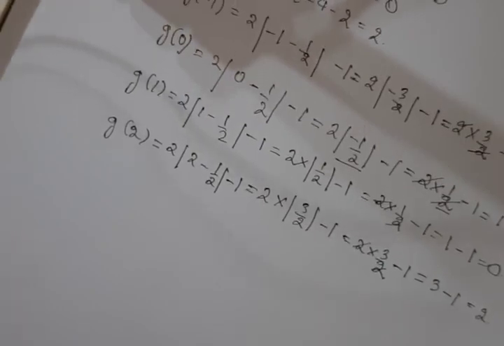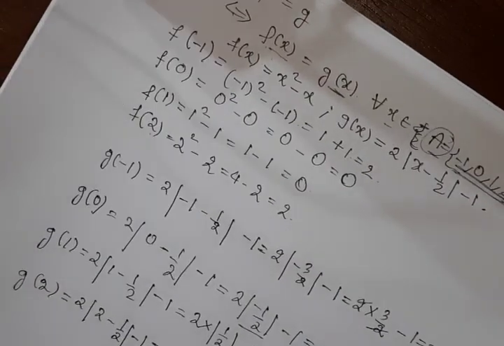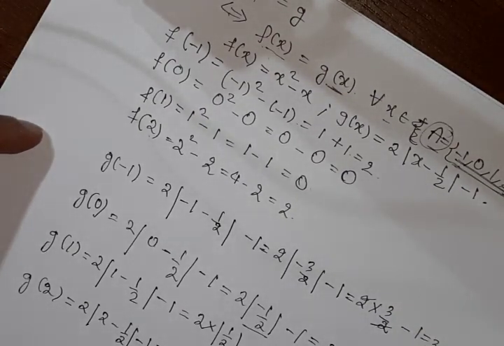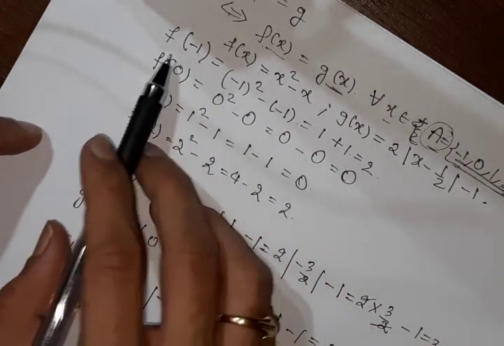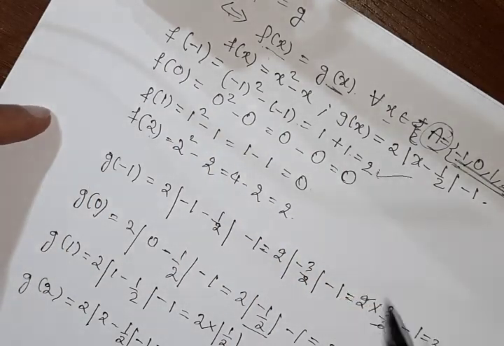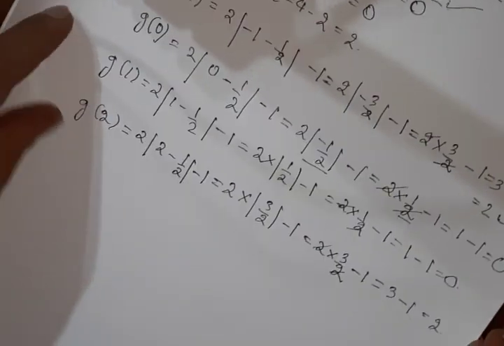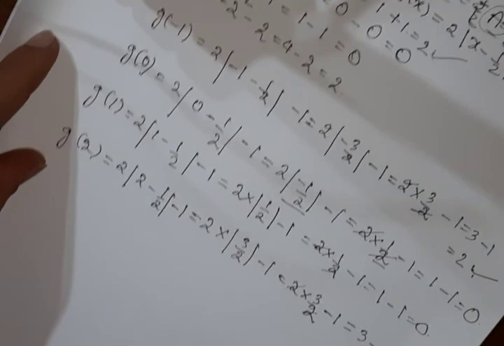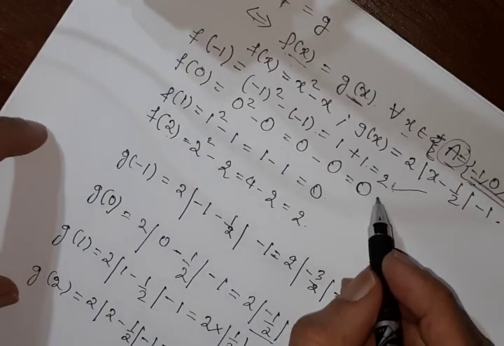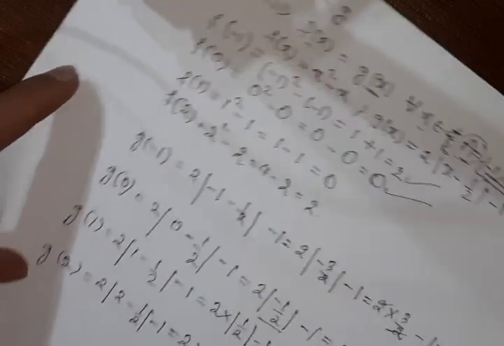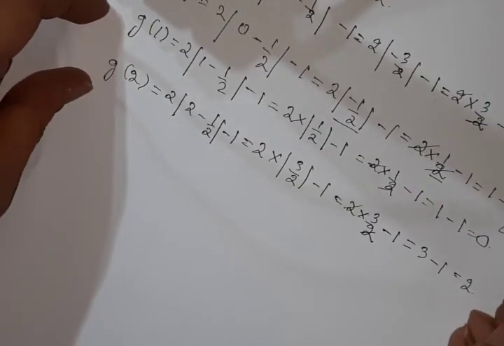So you can see that the values of both the functions at all the points in the domain are equal. For the value minus 1, both functions have the same value, that is 2. Now f of 0 is 0, g of 0 is 0.